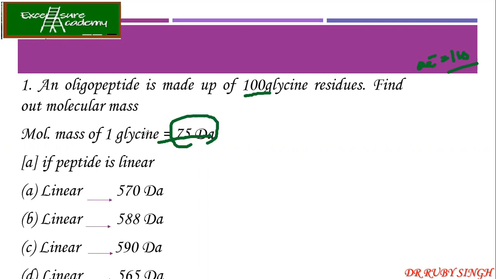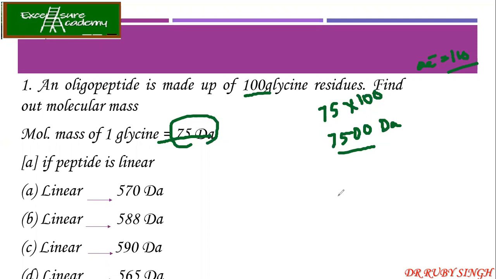Why 110? See, this is correct. The 75 into 100 you will get. How much is it? 7,500. Okay.